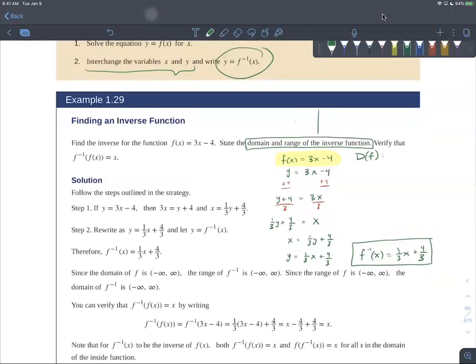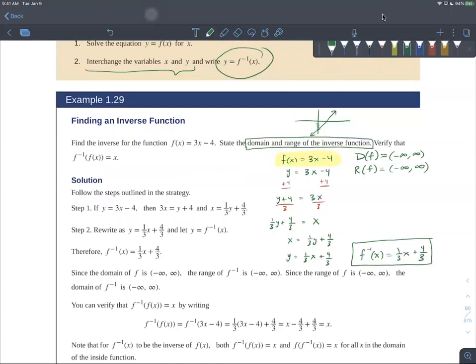I'm just going to give a rough sketch here. You can get a more accurate graph online. But the domain is all real numbers, -infinity to +infinity. The range of this function turns out also to be all real numbers, -infinity to +infinity.